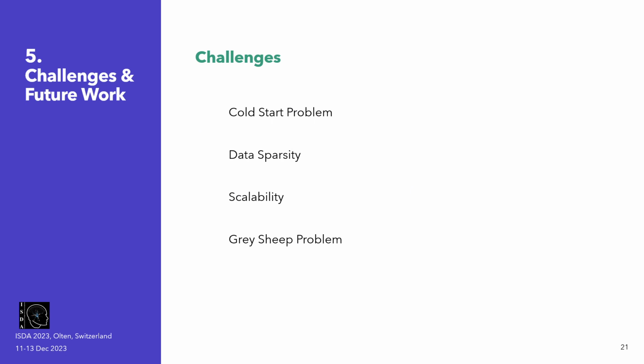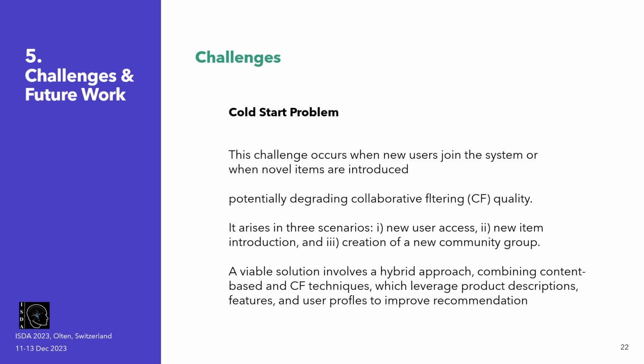The first challenge is the cold start problem and data sparsity. The second is scalability, and the last one is the gray sheep problem. Let's move to the cold start problem.